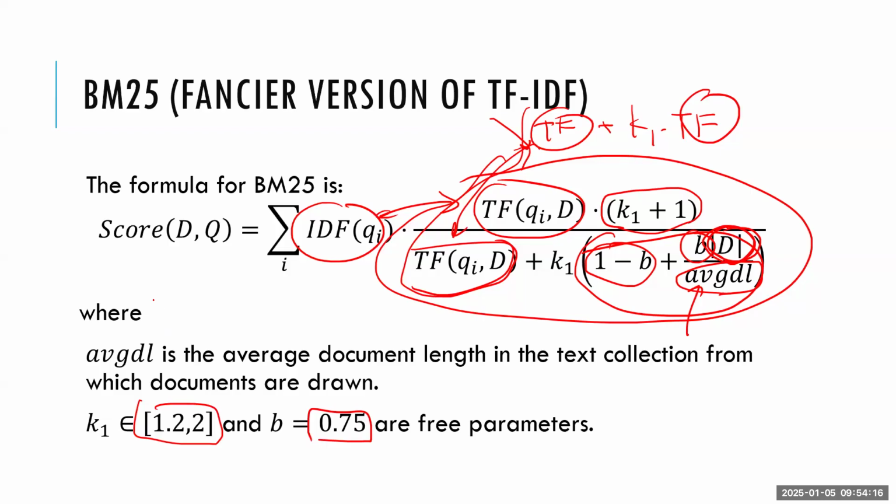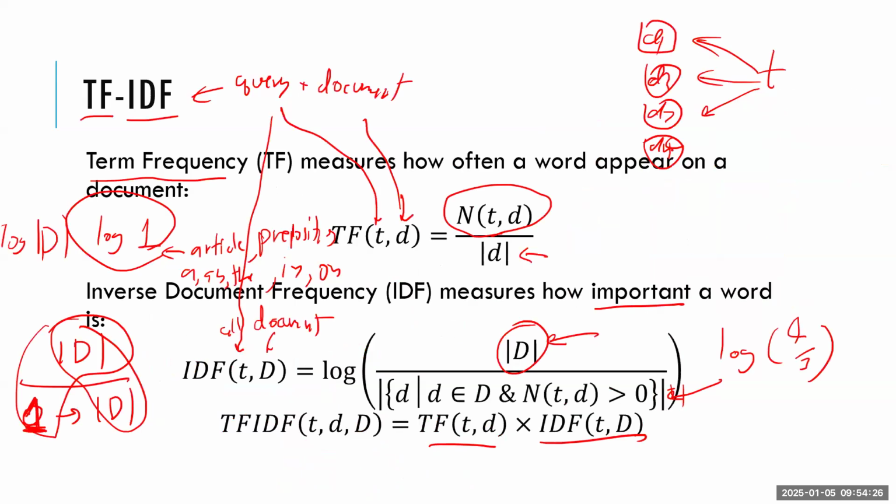As you can see, it actually has a sum in the front. In TF-IDF, I only showed you one keyword and the score for that particular keyword.